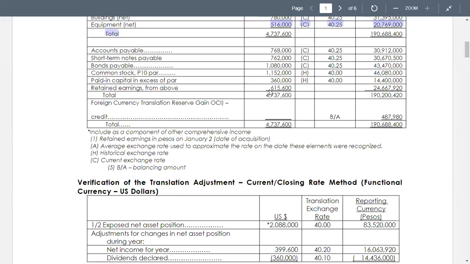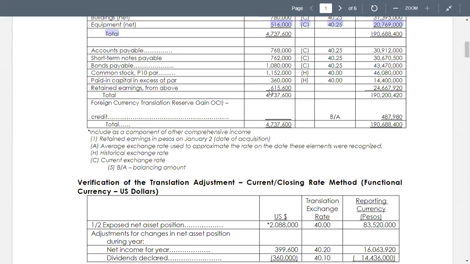So, for purposes of translating your common stock, we now use historical cost, the translation rate when the company was started in 20x0. So, for common stock, we use 0.28H.